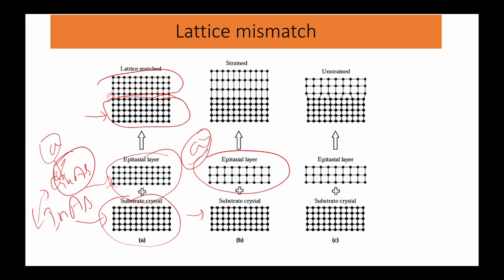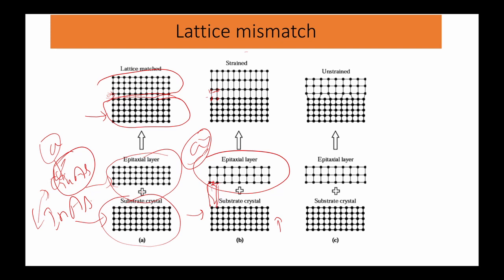the epitaxial layer that we want to grow over the substrate, if that lattice parameter is more, then when this material grows, it feels an inward force between these two, because the lattice parameter is more and it has to match the substrate lattice.